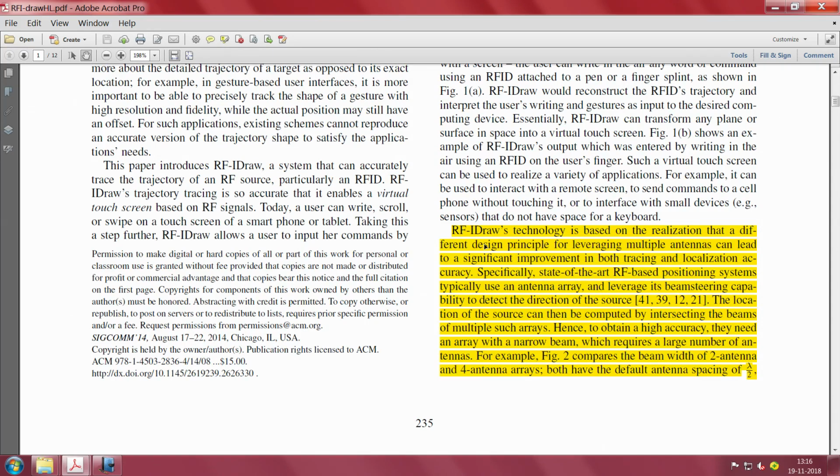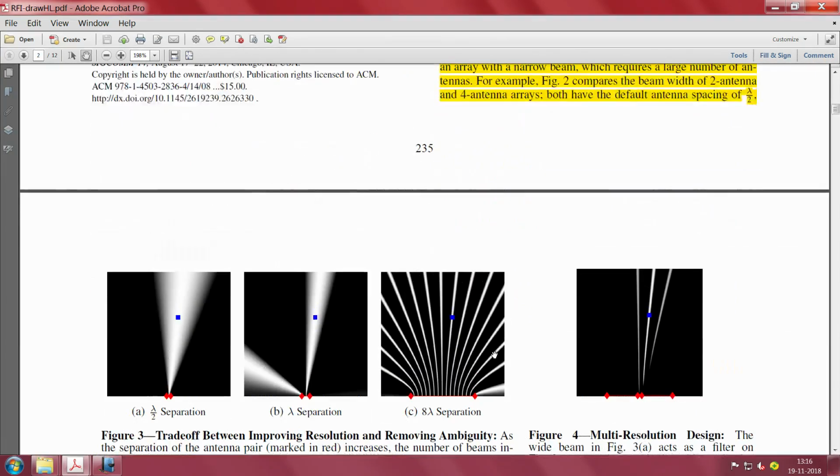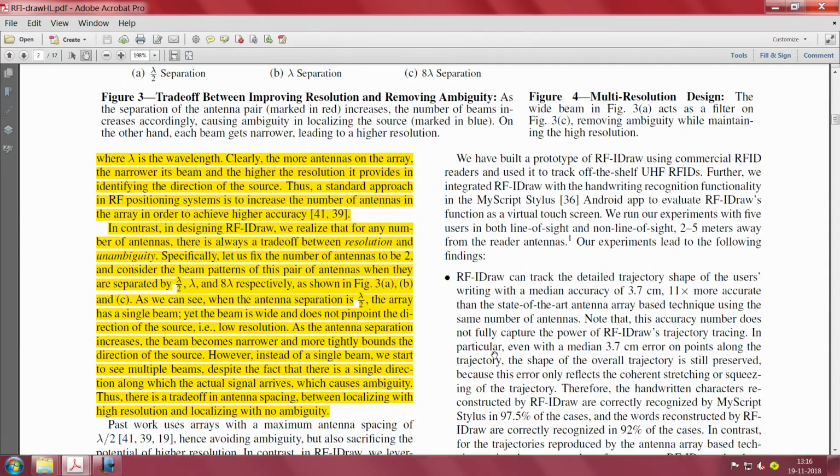If you have to obtain high accuracy, you need a narrow beam, and therefore a large number of antennas. The separation we discussed separately. I mentioned to you already how the separation should be, so I will not repeat that part.